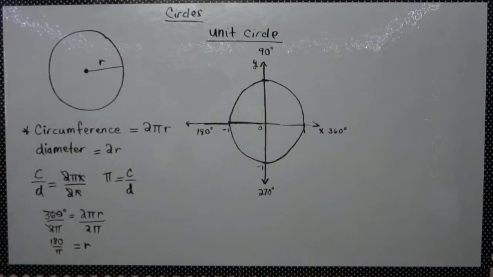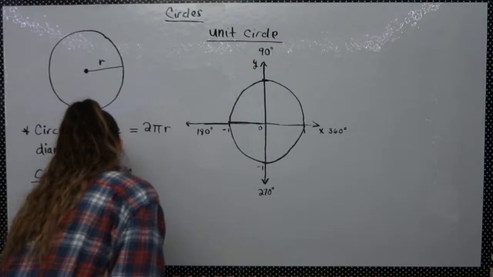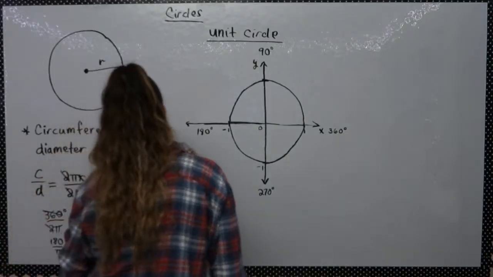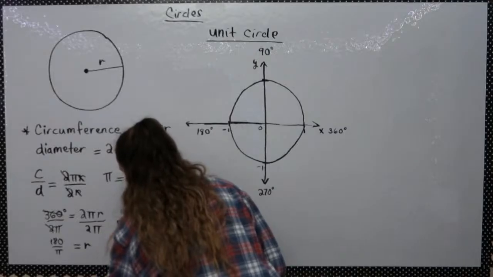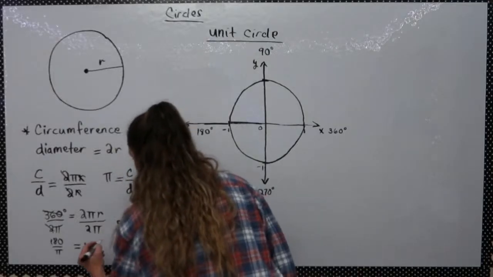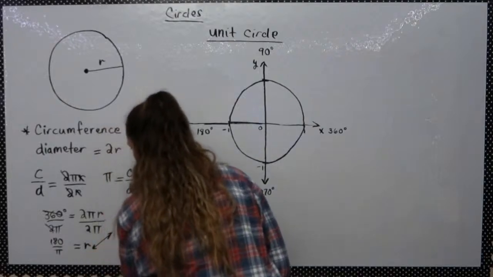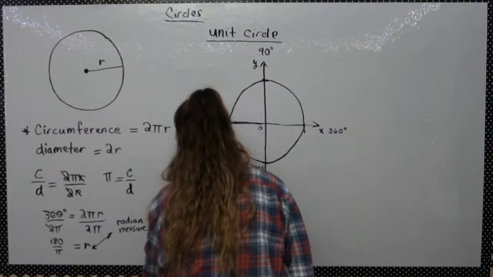And this leads to the unit conversion of a radian. So a radian measure is this conversion right here. So we have r equals 180 over pi.